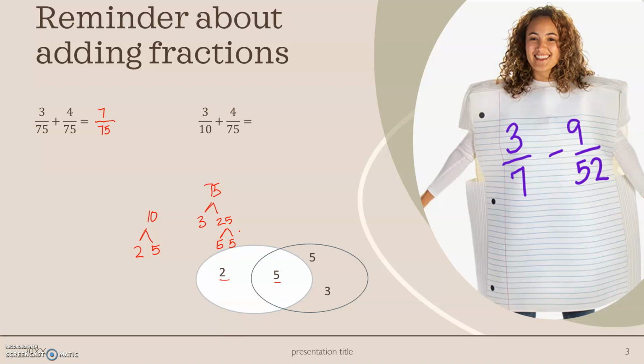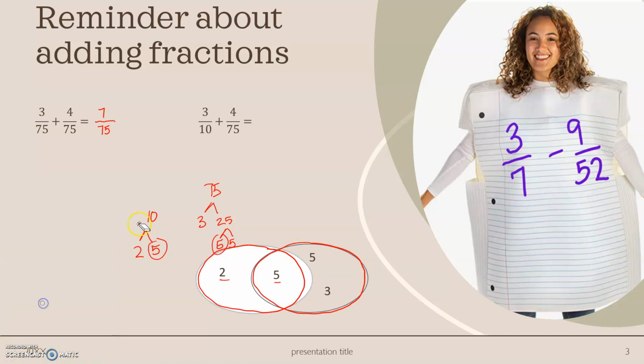But when I put my numbers in my Venn diagram, anything that's in both lists, I put as an overlap. Both of these lists have a 5 as an overlap. So that goes in the overlap section. But this circle still multiplies to make 10, and this circle still multiplies to make 75.